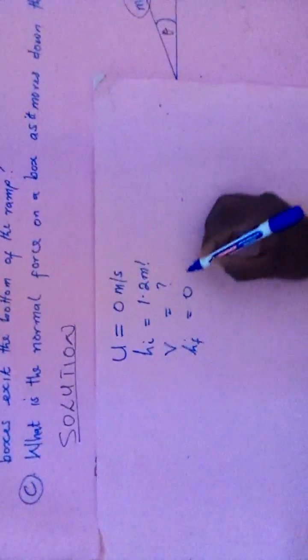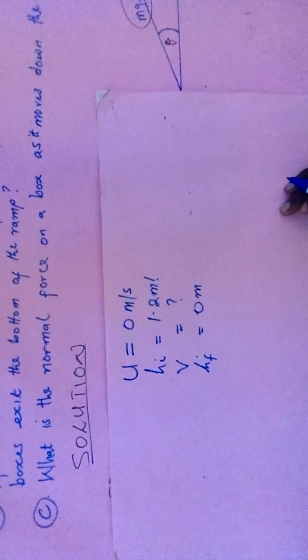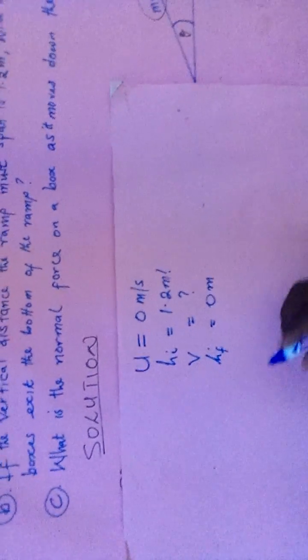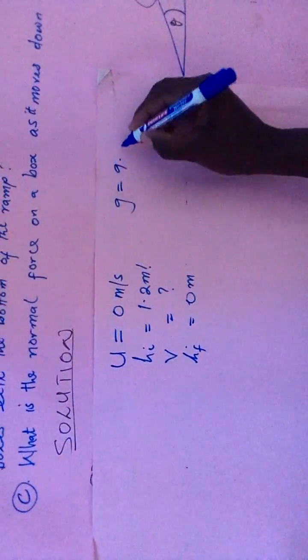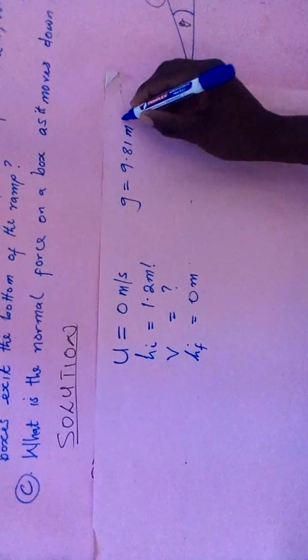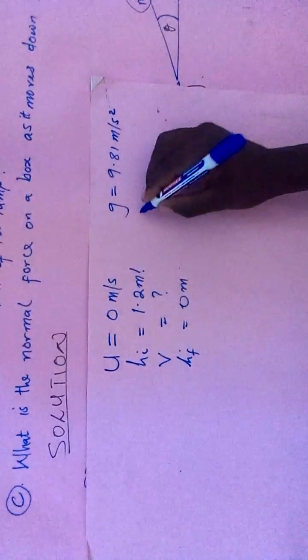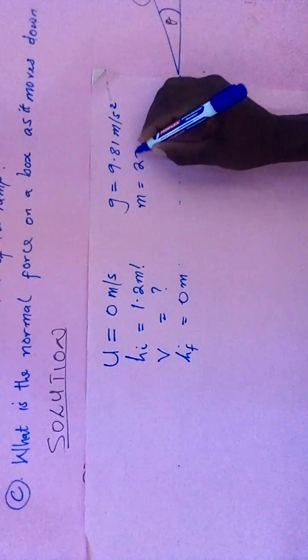So our final height is going to be 0. We are going to take gravitational acceleration to be 9.81 meters per second squared, and the mass of the box is 22 kg.